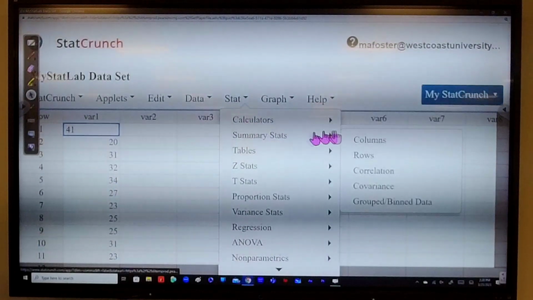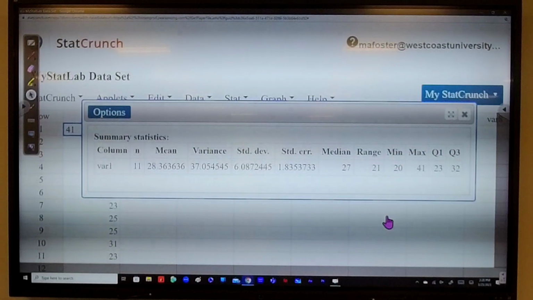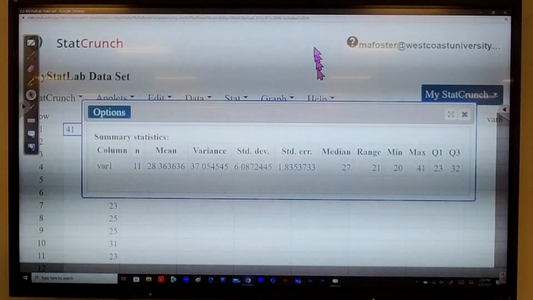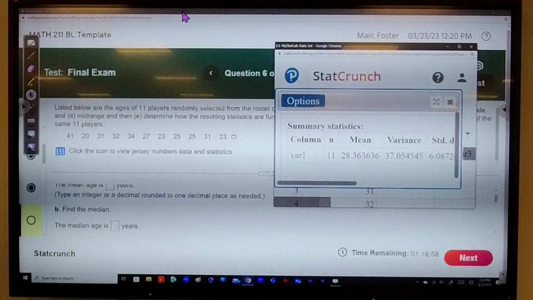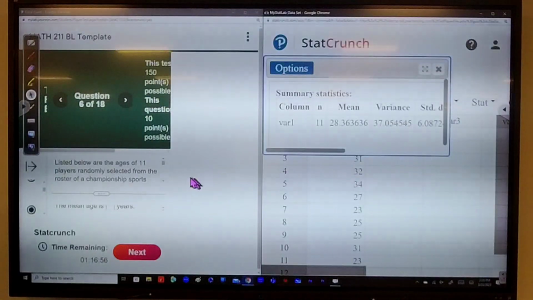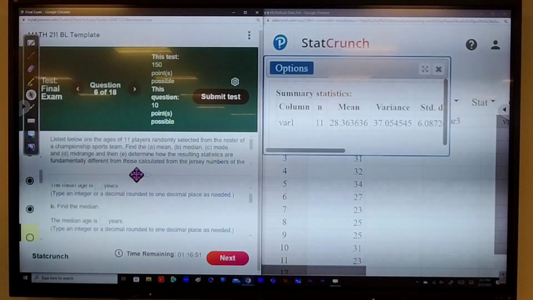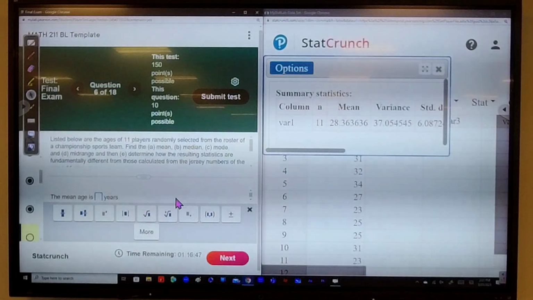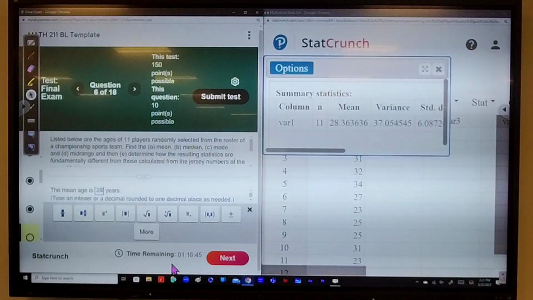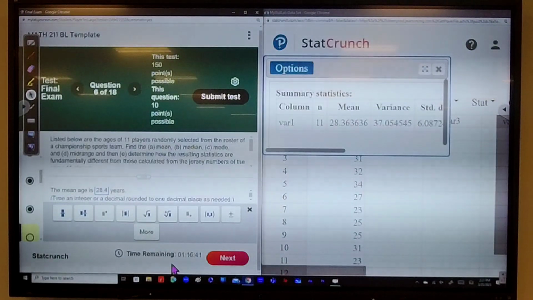Stat, summary stats, columns, VAR1, and compute. All right, so the mean age is 28.4.